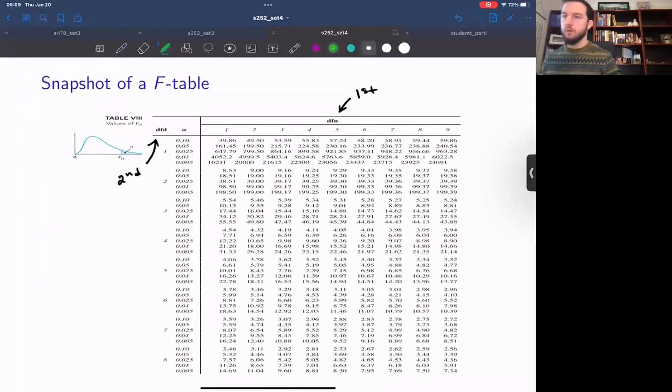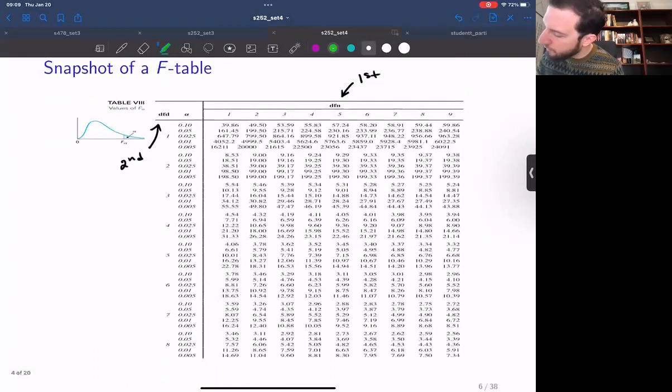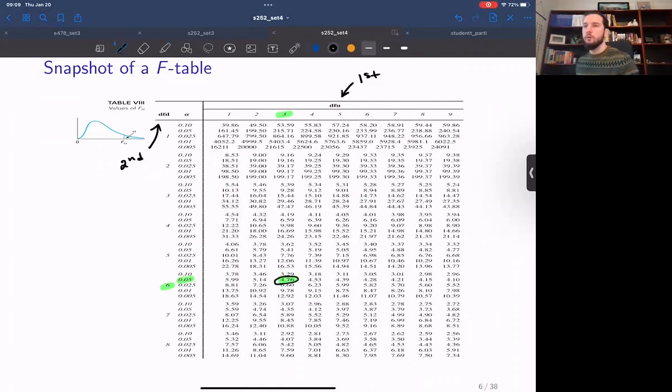So we have F 3,6, 0.05. Our first degree of freedom is 3. Our second degree of freedom is 6. Our significance level is 0.05. So we match it together and we get 4.76. So again, similar to a T table, except you have 2 DFs to account for.